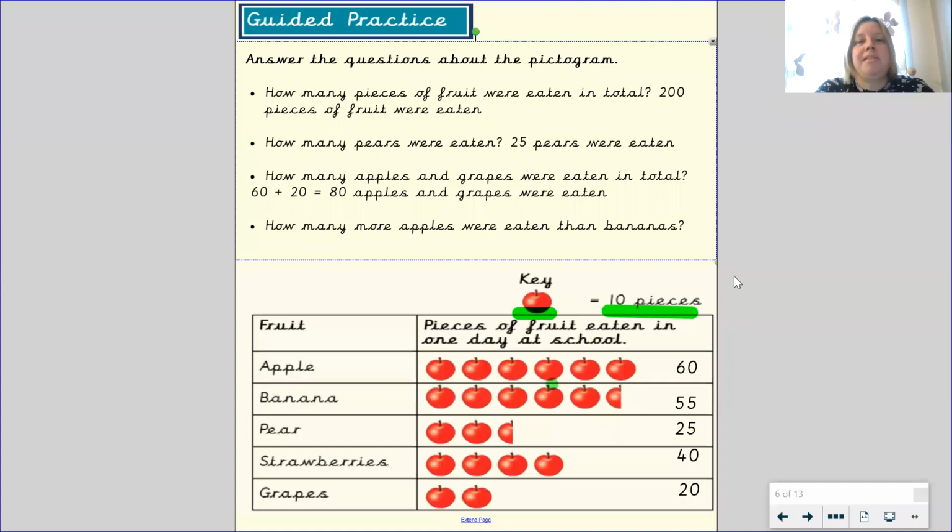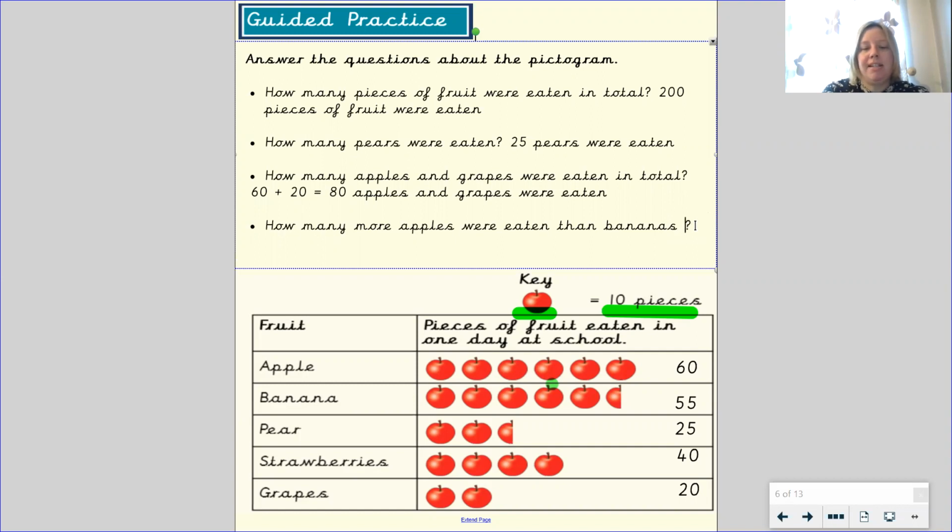And our final question, how many more apples were eaten than bananas? So I need to work out the difference between apples and bananas. So I can write this as a subtraction calculation.